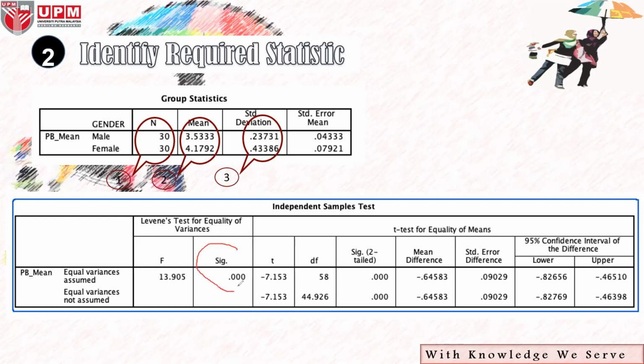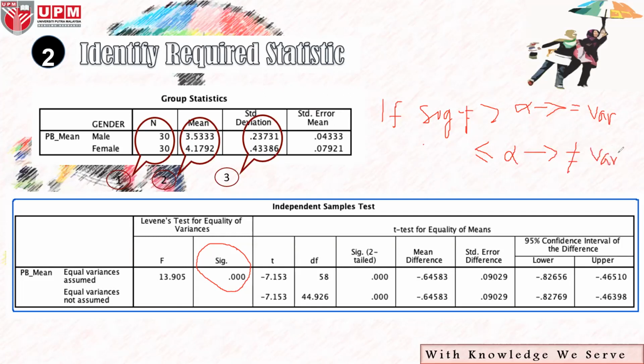So if the significant F is larger than alpha, we report the equal variance, right? Betul. If the significant F is lesser than or equal to alpha, then we report the unequal variance.